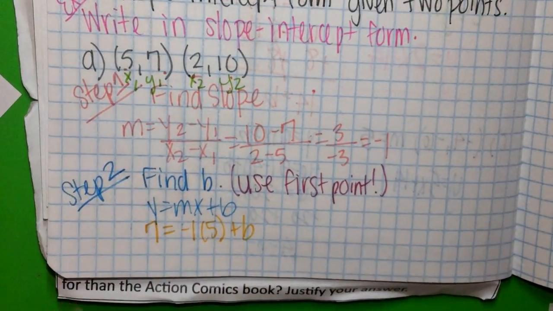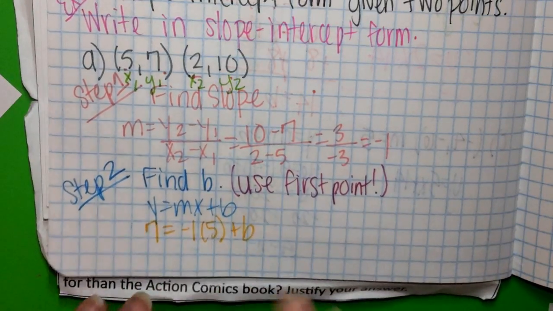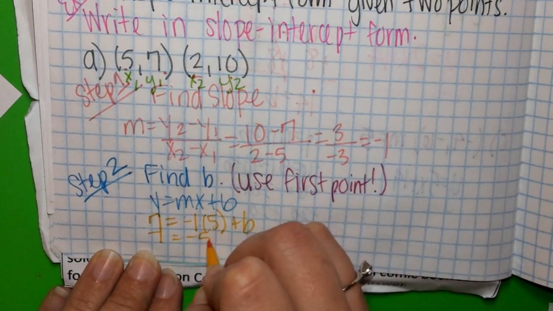And plus b. Okay. So -1 times 5 is -5 plus b.